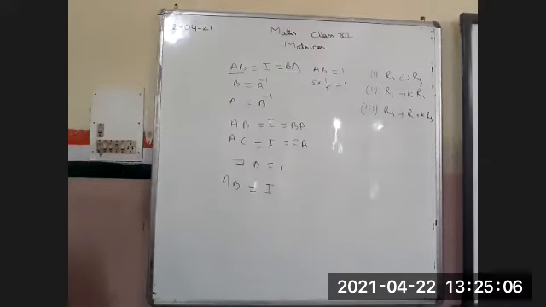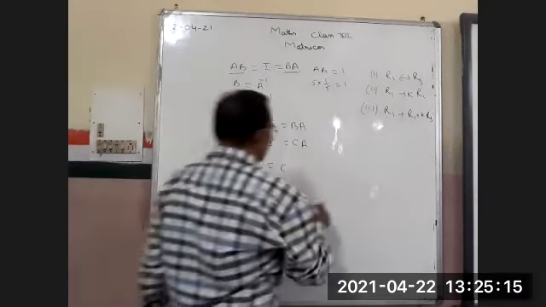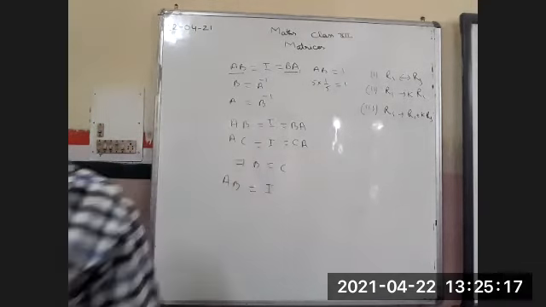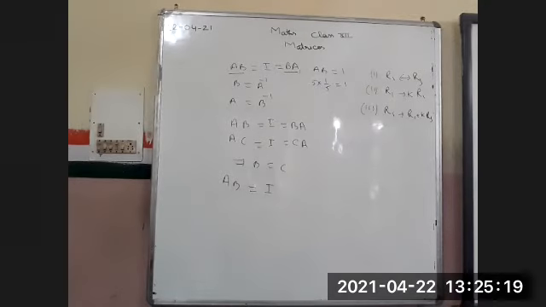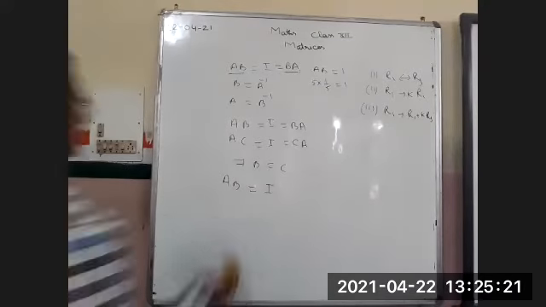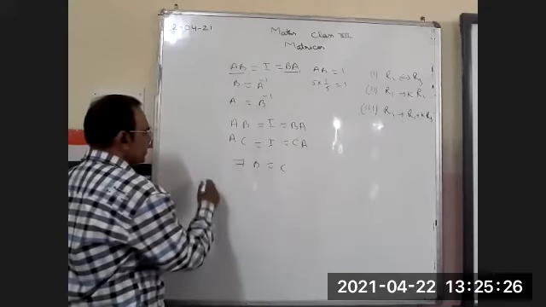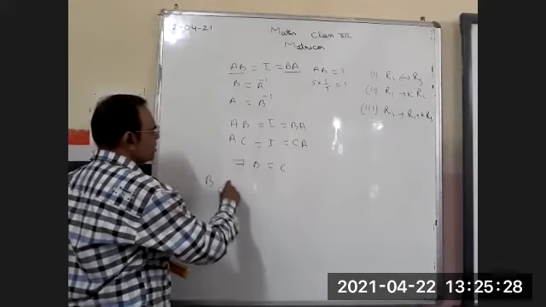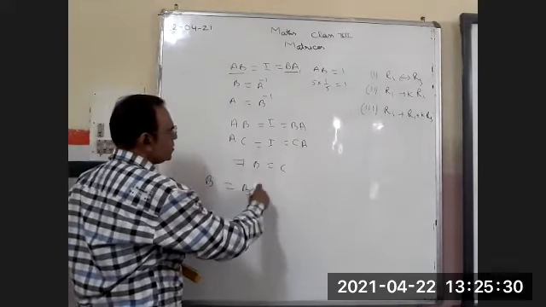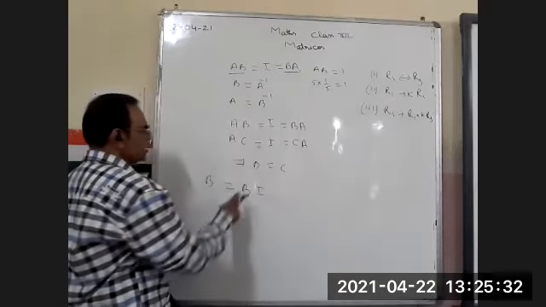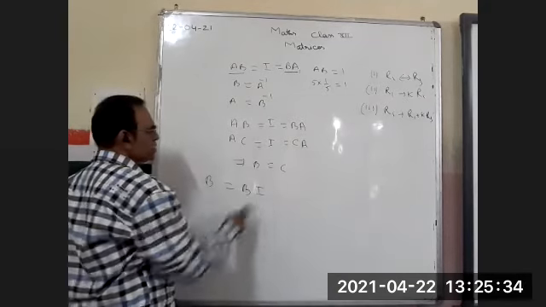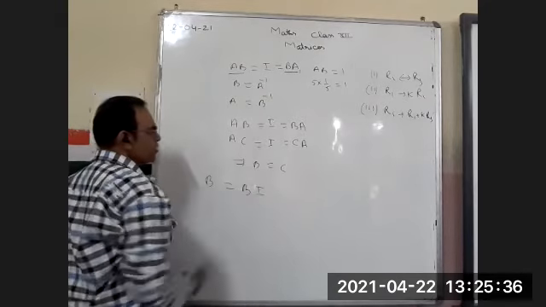We want to prove that B is equal to C, so we start from B. B into I is also equal to B, because multiplication with the identity matrix gives B only.